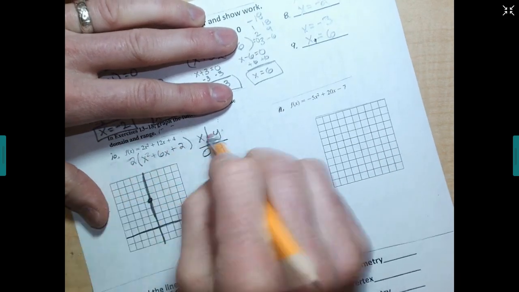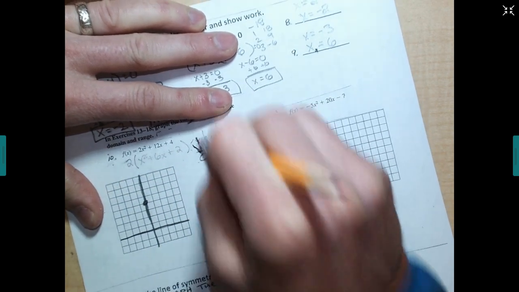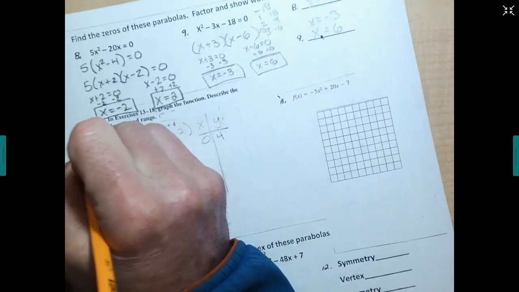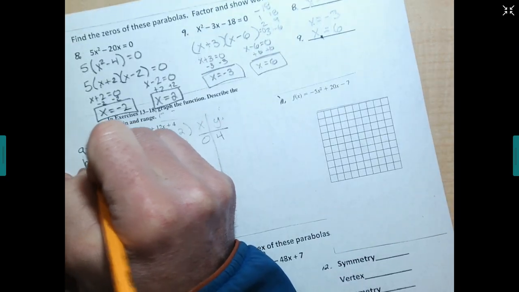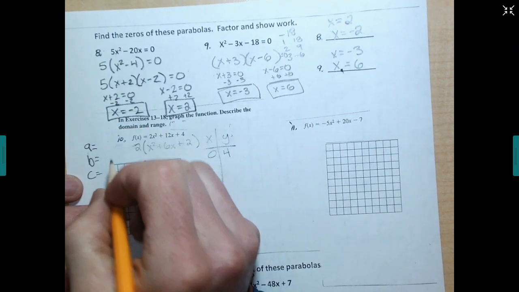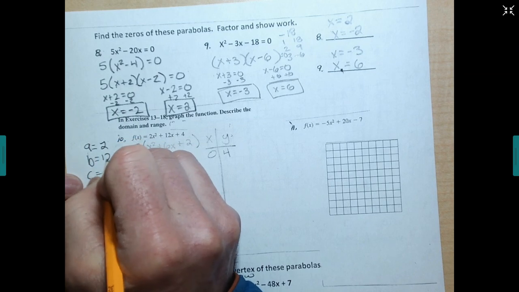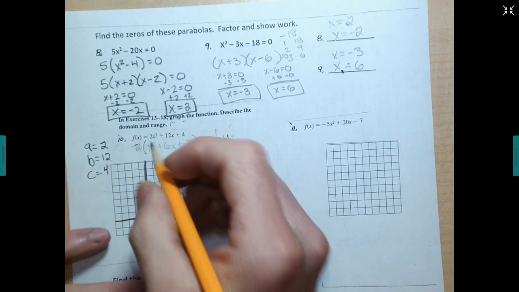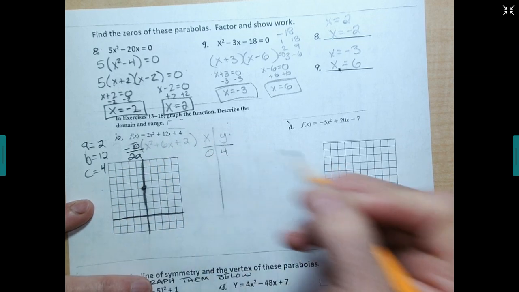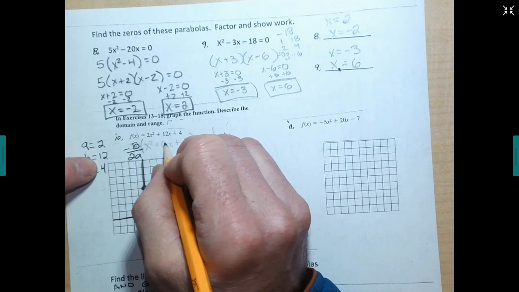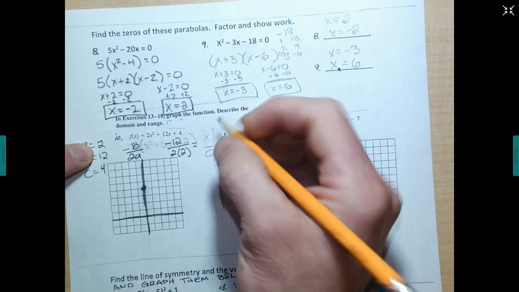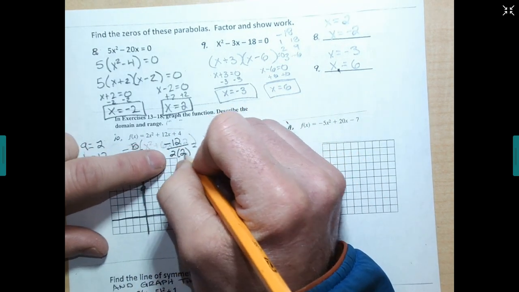So what I'm going to do, the easiest way, you could graph it, but let's do a, b, c. Let's find our axis of symmetry. With a, b, c being 2, 12, 4, since we can't factor it, it'd be way better to do -b over 2a. So we have -12 over 2 times 2, so we have -12 over 4.